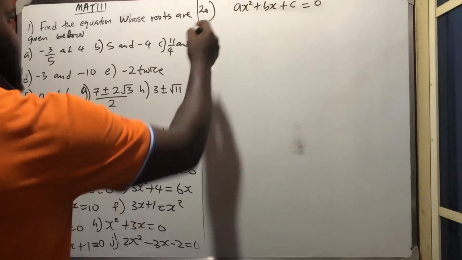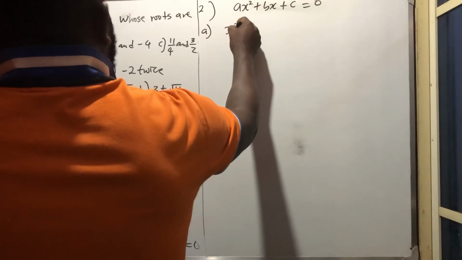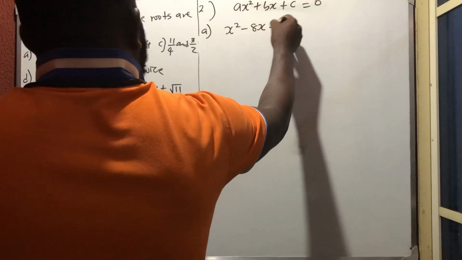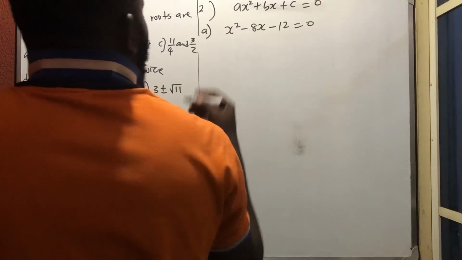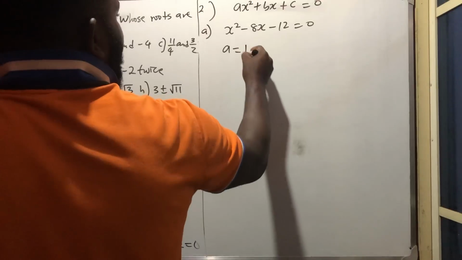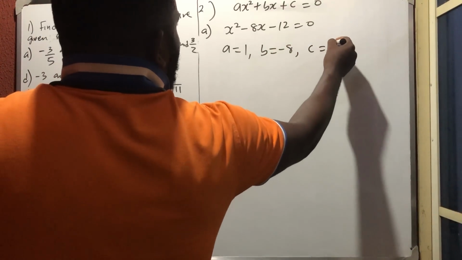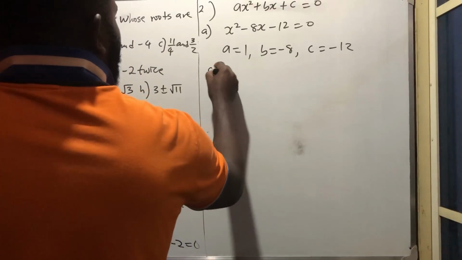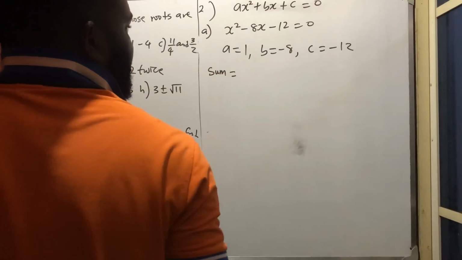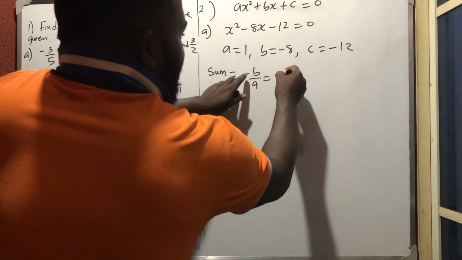For a, they gave me x squared minus 8x minus 12 is equal to 0. If I compare this, I'll see that a is equal to 1, nothing is standing here. And b is equal to minus 8, and c is equal to minus 12. So to get your sum, it has a formula that says minus b over a, which is minus this one.